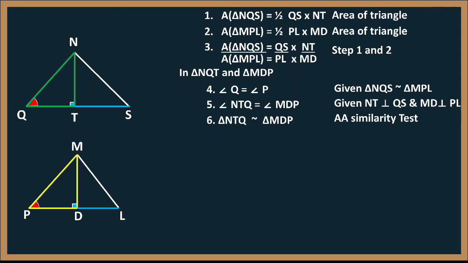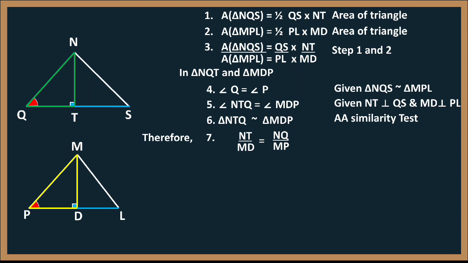Now once I know that these two triangles are similar, I can write their corresponding sides, and the corresponding sides are NT upon MD, NQ upon MP. Now I have taken those sides only which I want. You don't have to write all the sides for this.